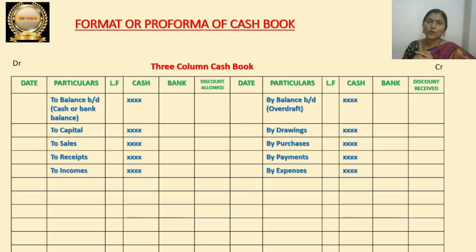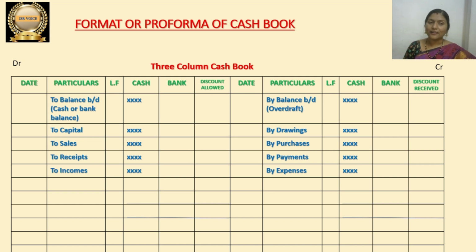That overdraft is a liability for the business. If any overdraft balance is given in the question, we should always record it on the credit side because that is a liability, not an asset. So how to write it? By balance brought down. I mentioned clearly in brackets, overdraft. So if it is overdraft, we should record it on the credit side.